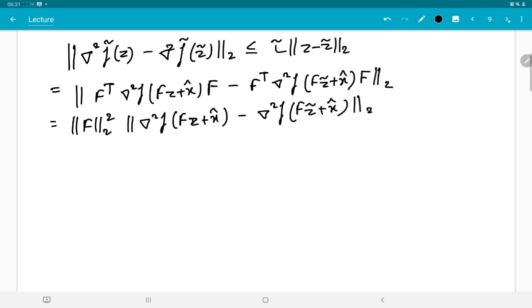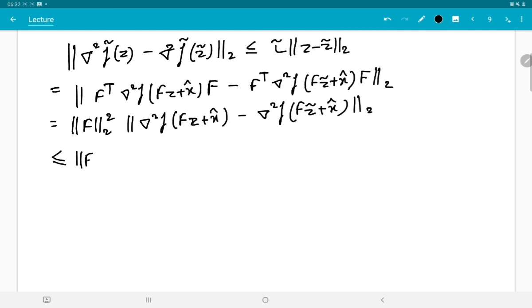now I can apply the Lipschitz condition. This is the objective of the constrained problem, and I have already been given that f follows the Lipschitz condition.